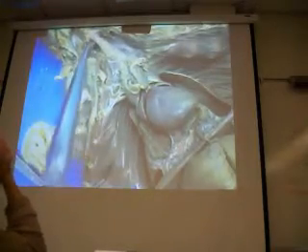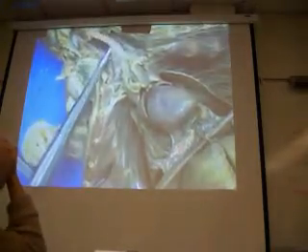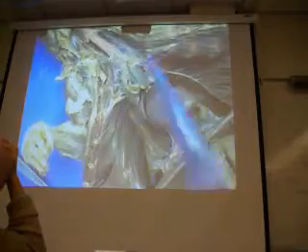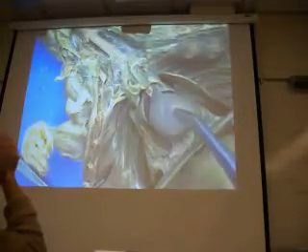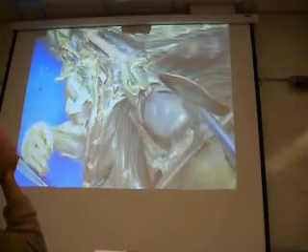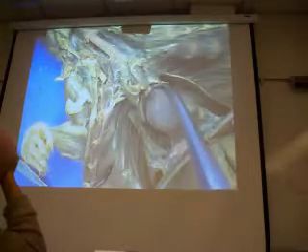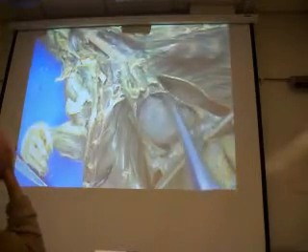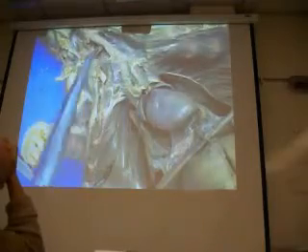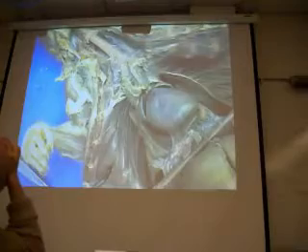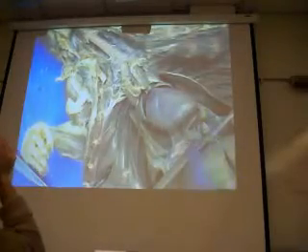Right. But this is the trachea right here. So we got the trachea bringing the air in and out of the lungs. Right. We got the left ventricle, the right ventricle, the right atrium, and the left atrium right there. Okay. Now, the diaphragm separates the thoracic cavity from the abdominal cavity.